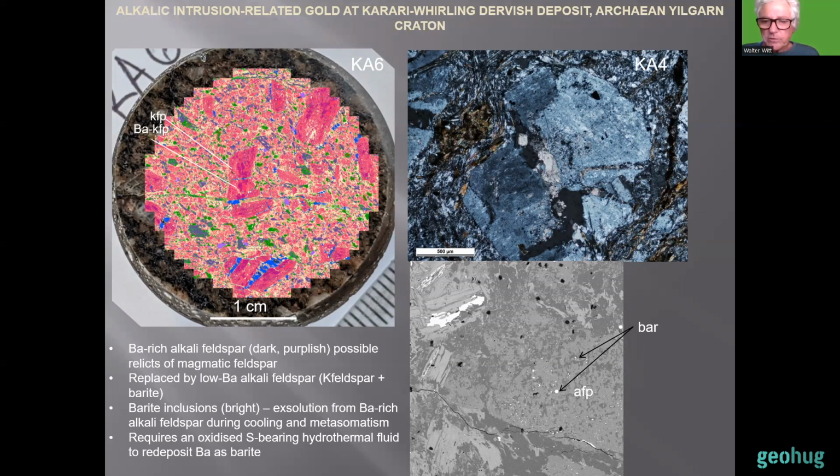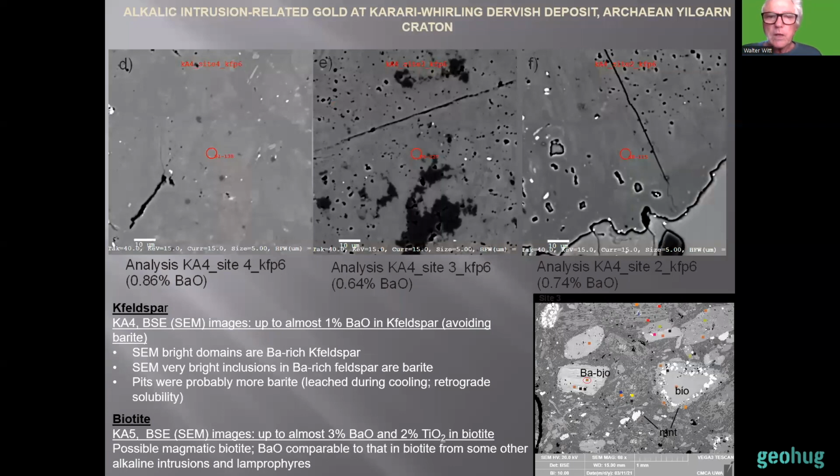Now, in order to achieve this, the hydrothermal fluid that altered the barium-rich K feldspar phenocrysts must have been carrying oxidized sulfur.